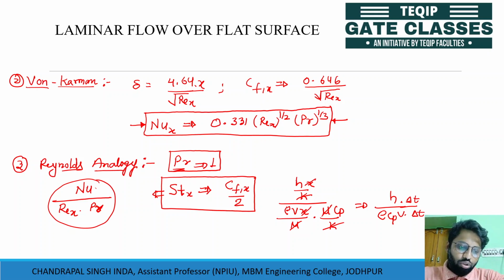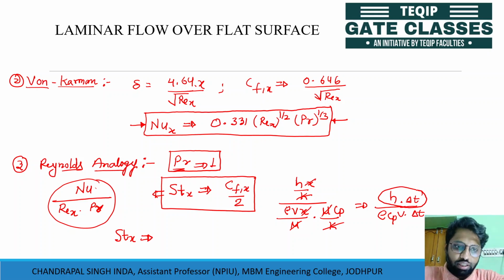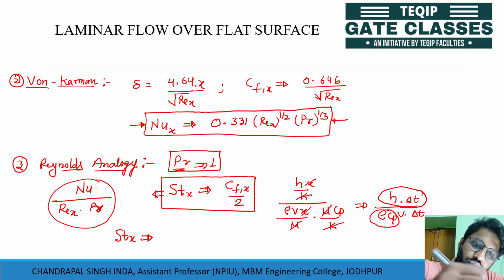Stanton number can also be defined as the ratio of the convective heat flux offered by the fluid, that is h delta T, to rho cp, which denotes the storage capacity of the fluid.